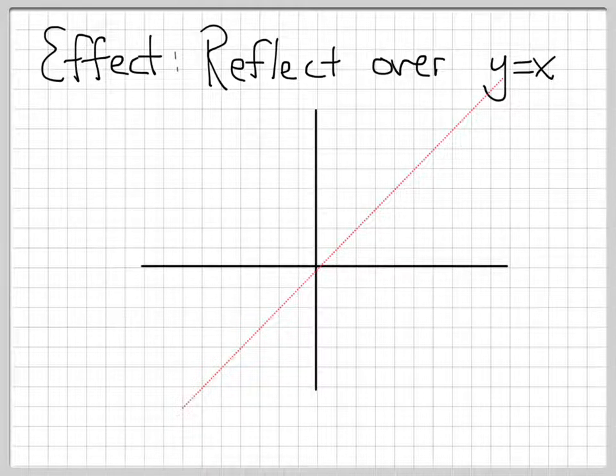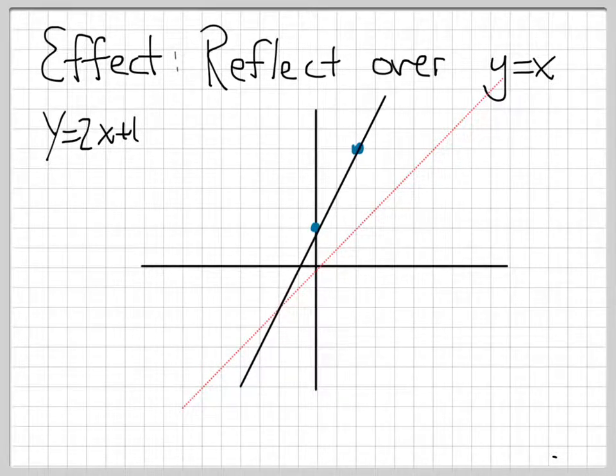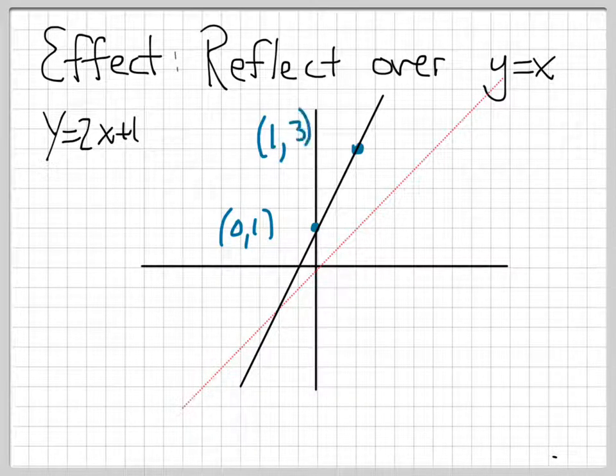So maybe we graph something like y equals 2x plus 1, and so the points that we get are (0, 1) and then a slope of 2, and then we draw a line through them. And then here's a couple of points, (0, 1) and (1, 3).